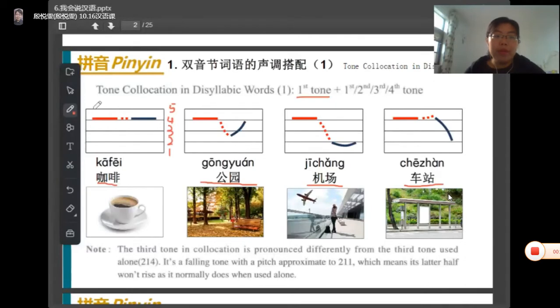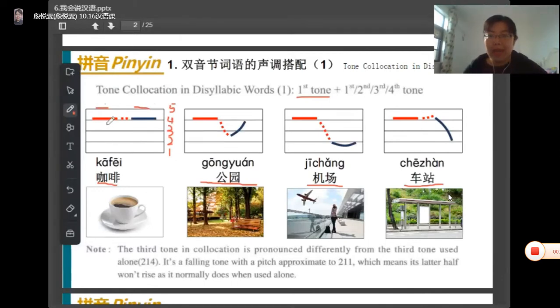Before, we learned the first tone is 5-5, right? They all stay in the 5 level. But now when they get together, we will feel they go lower just a little.